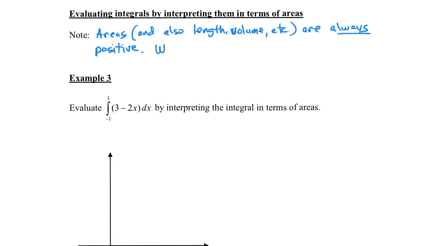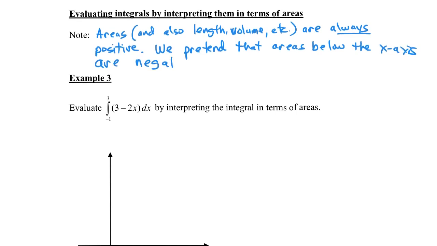But what we're going to do is pretend that areas below the x-axis are negative. Why would we do that? Well, if we allow ourselves to pretend that areas below the x-axis are negative, then we can evaluate integrals by interpreting them in terms of areas.